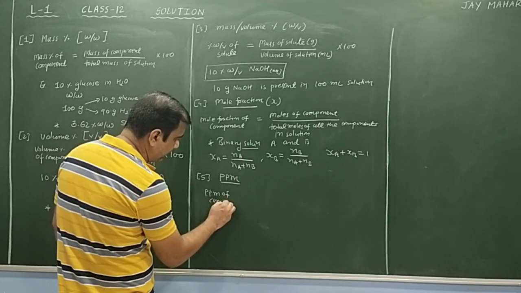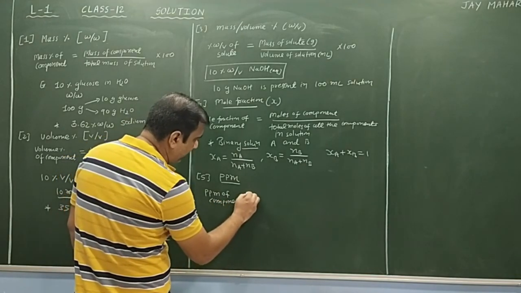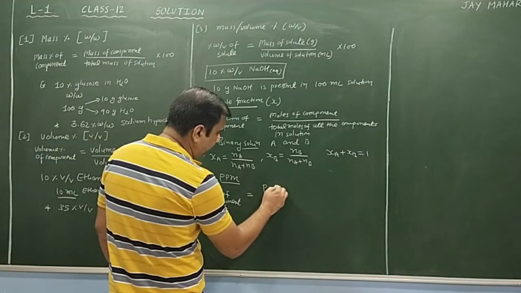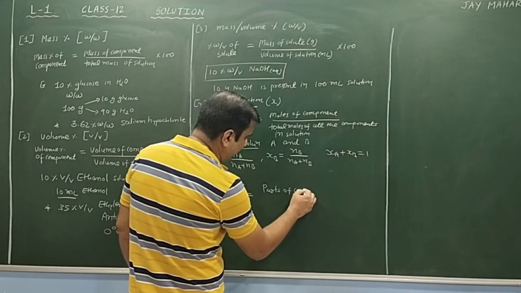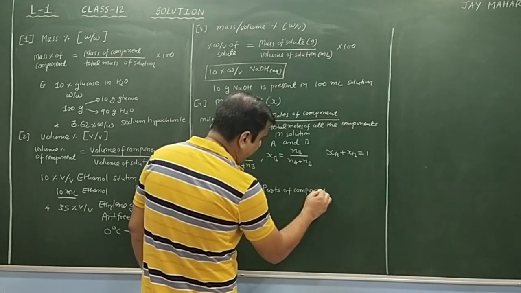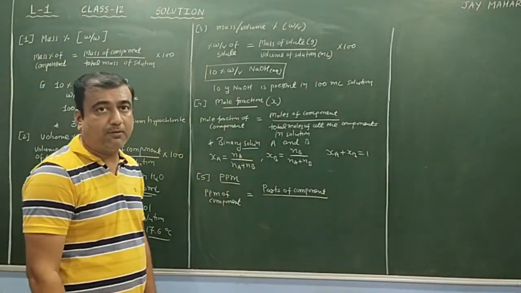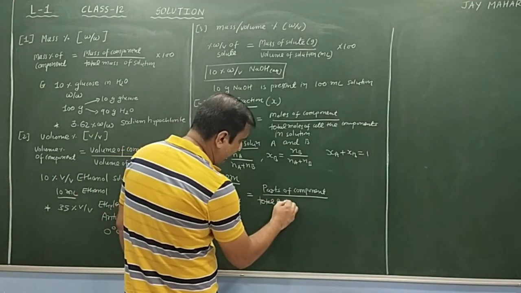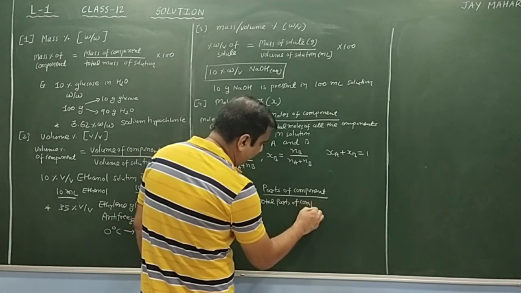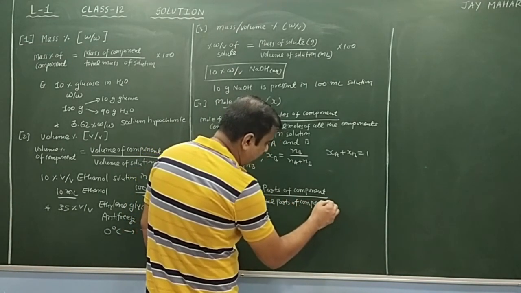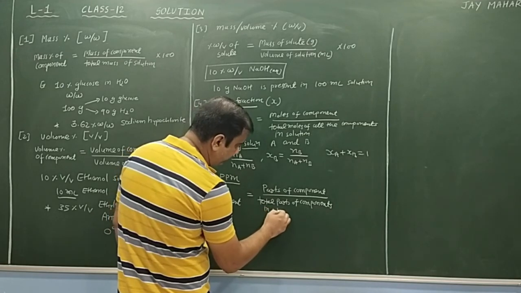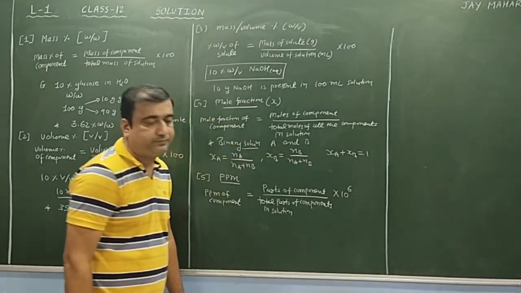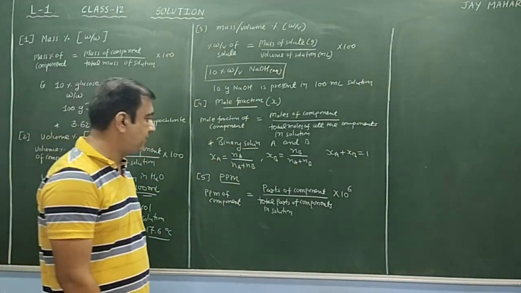So how to calculate the ppm of a component? It is the parts of the component divided by the total parts of all components in the solution, into 10 power 6.